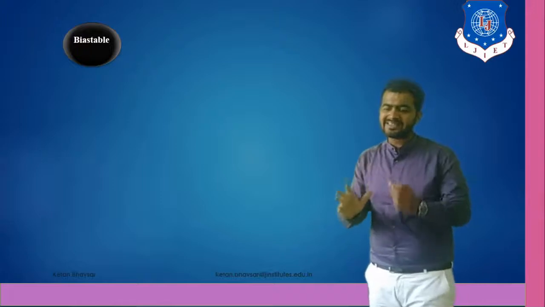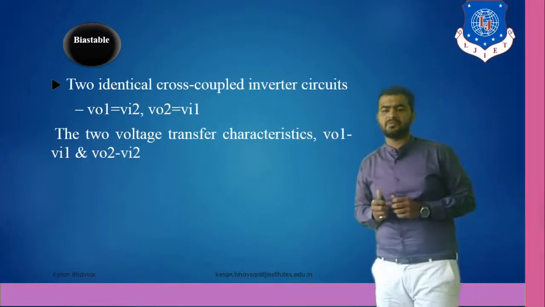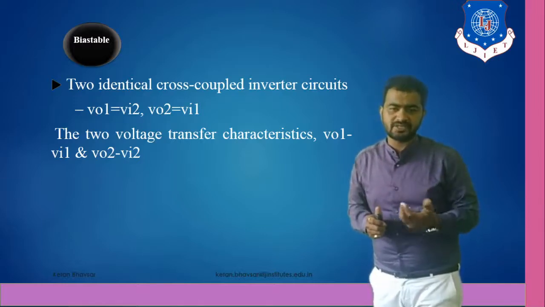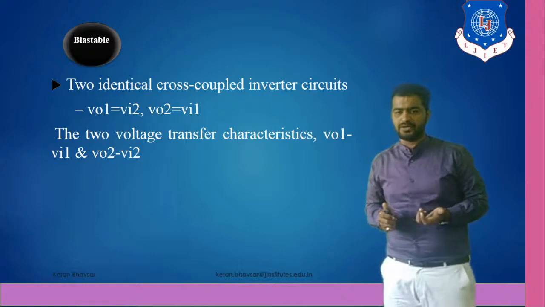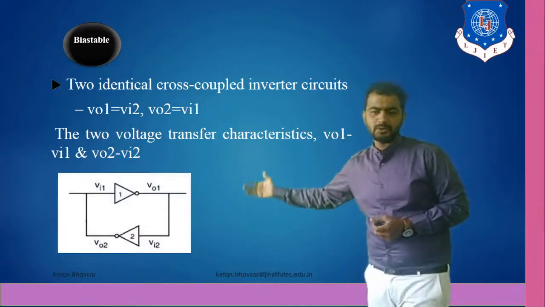Now we study in depth the bistable circuit. What exactly the bistable circuit is, you already know. In terms of the bistable circuit, we work on two stable operating points, right? As you can see, two identical cross-coupled inverter circuits, we are assuming VO1 is equal to VI2 and VO2 is equal to VI1. In the diagram you are taking two inverters.